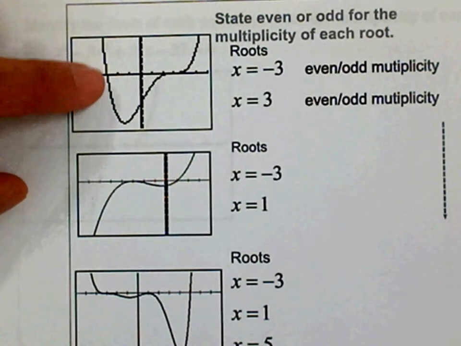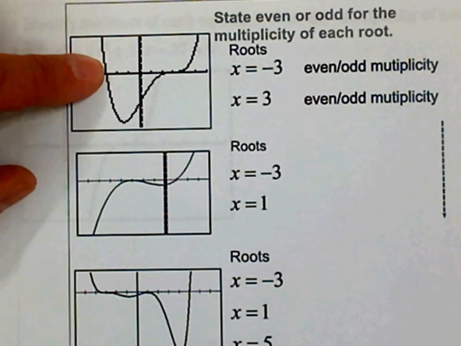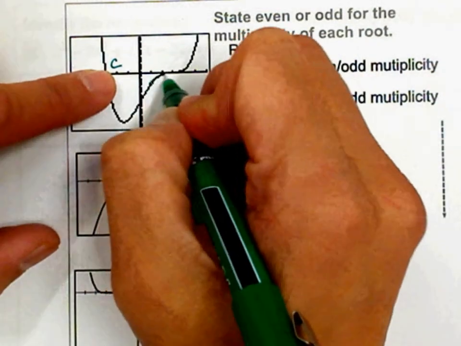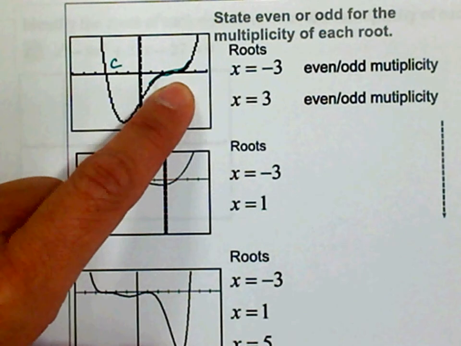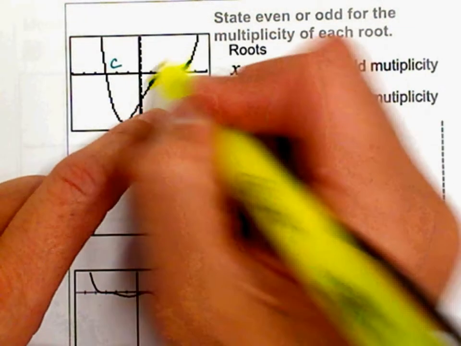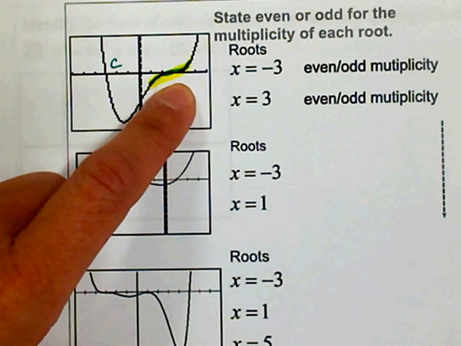Odd. x to what power? 1. It's a cut. Okay? Look at this right here. Odd or even multiplicity? Odd. What do you think it is? Is it 1 or 3 or higher? Higher. 3, 5, 7, right? Because it's a slide.